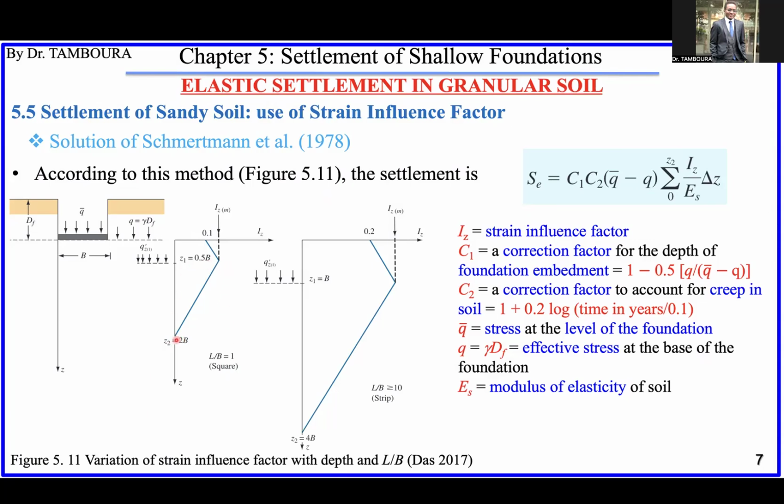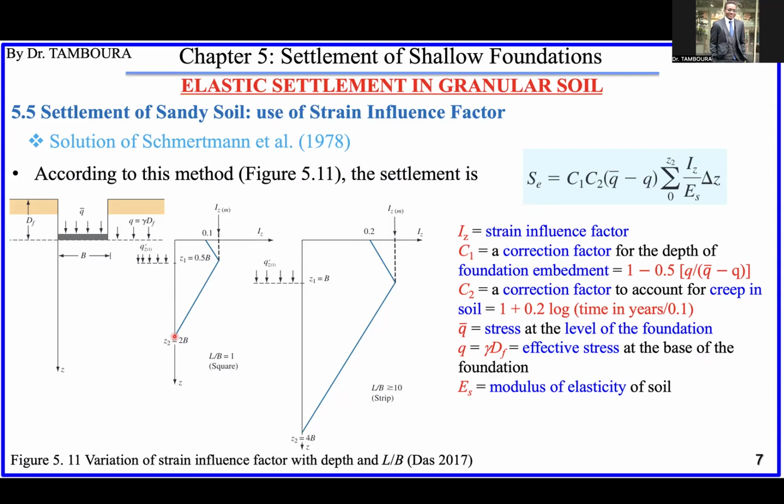Z2 is the limit, as you can see, where this IZ becomes 0, and this one is 2 times B. The meaning of this is that deeper than 2 times the footing size, there is no more effect of that load.